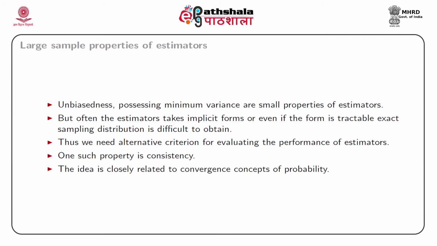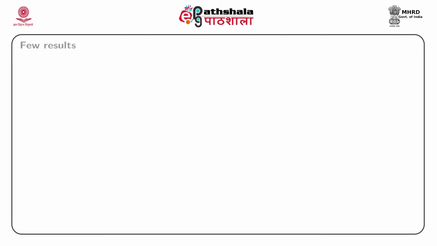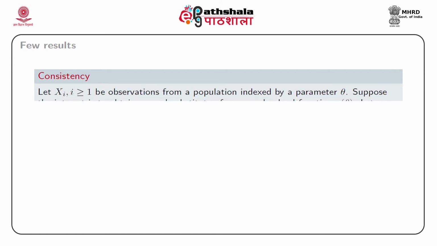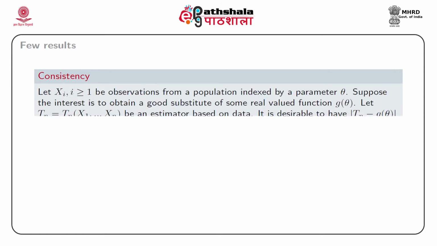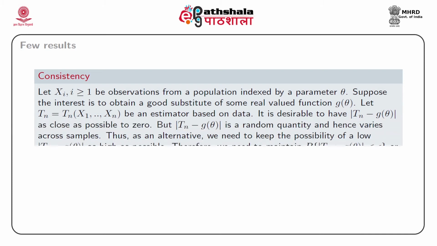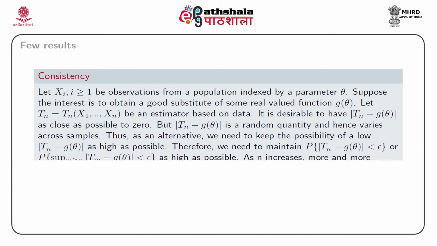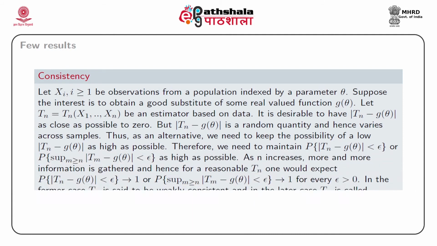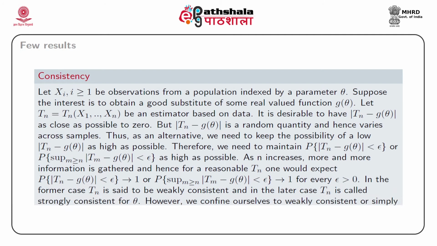The idea is closely related to convergence concepts of probability. So, what is consistency? Let Xi be observations from a population indexed by a parameter theta. Suppose the interest is to obtain a good substitute of some real valued function g theta, and let Tn, which is a function of the data, be an estimator based on data. It is desirable to have the distance between Tn and g theta as close as possible to 0.